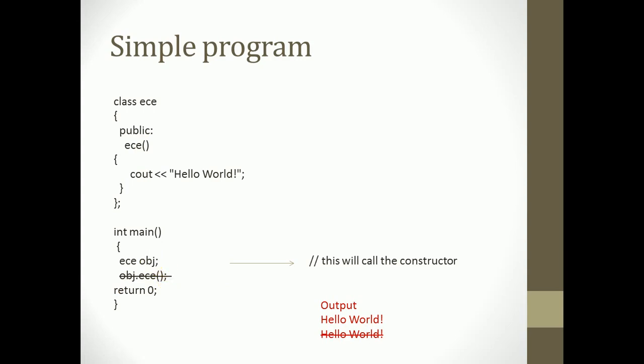For a normal member function, you have to call the member function using an object and a dot operator. But when it comes to a constructor, this line can be omitted. If this line is included, you will have your hello world printed twice. That is the difference. So this is a simple program denoting how a constructor works.